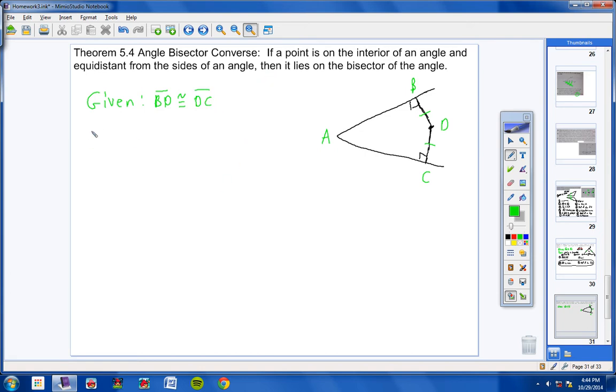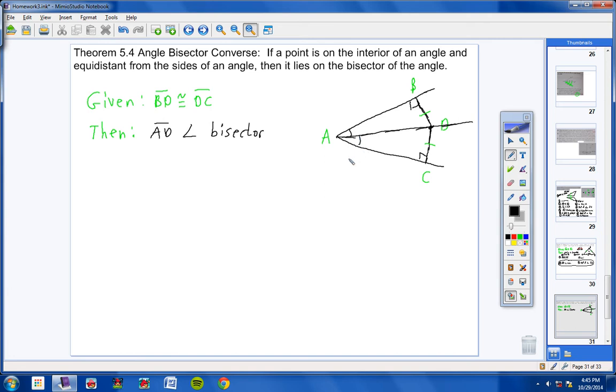Then, here's the proof part, then I have to prove, let's go ahead and draw a line here. I have to prove that AD is an angle bisector. Now the only way to prove that, students, is to prove that this angle here is congruent to this angle here. Okay?